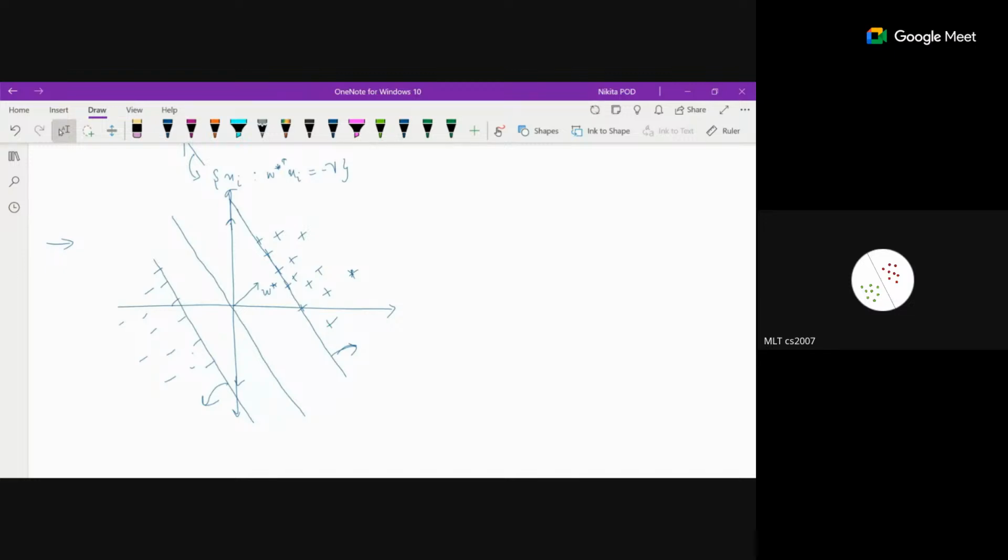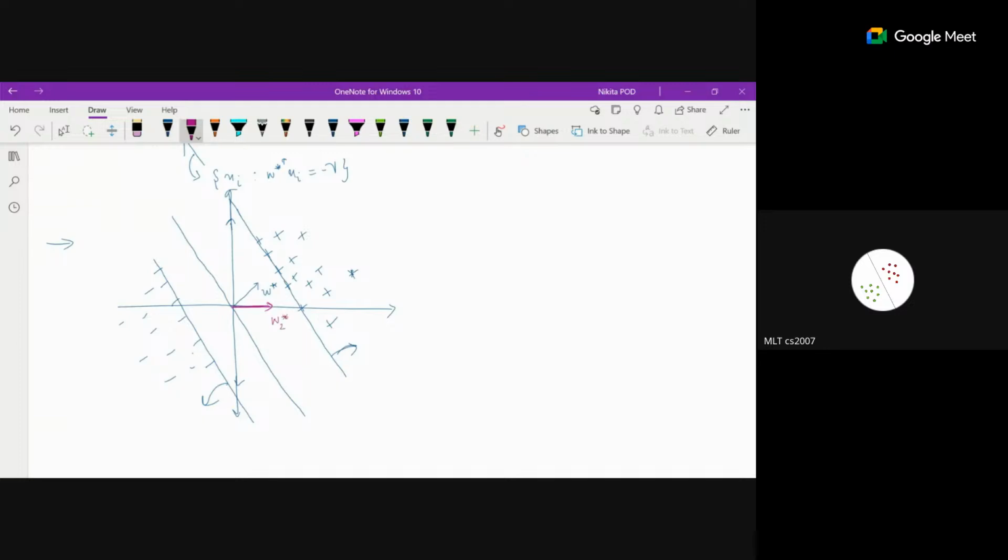This is one W star, but is this the only W star? This is not the only W star. If we look at this data set carefully, we can find another W which also separates my data set linearly. Let's take this W in this direction and call it W2 star.